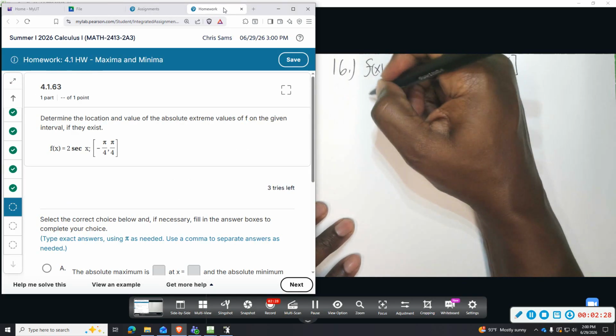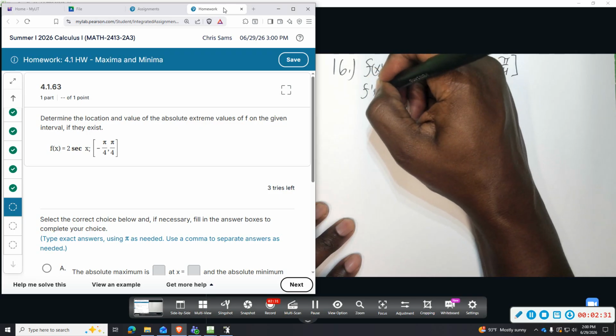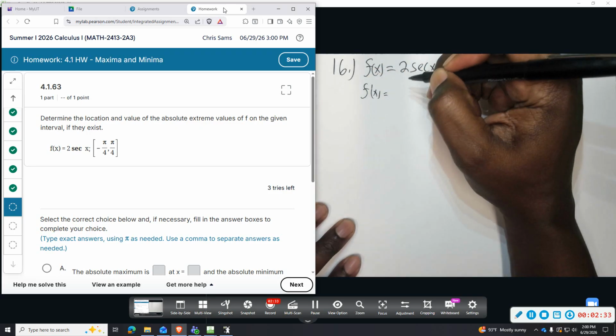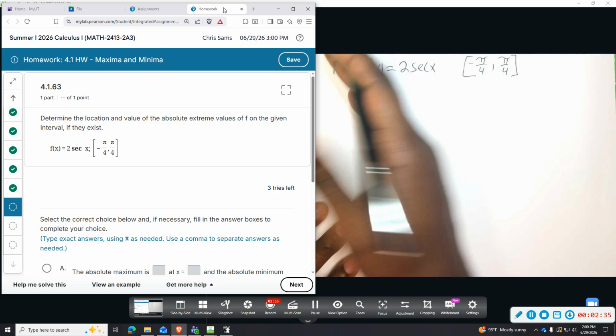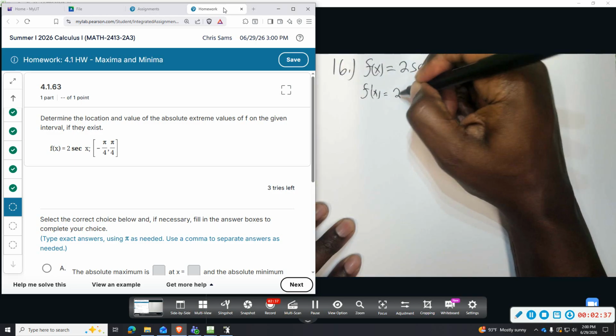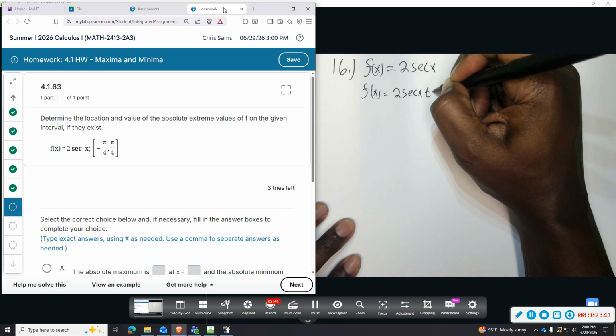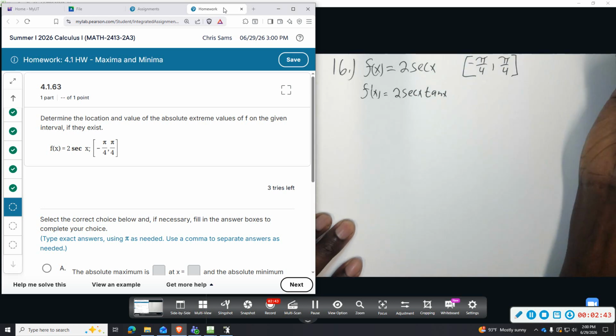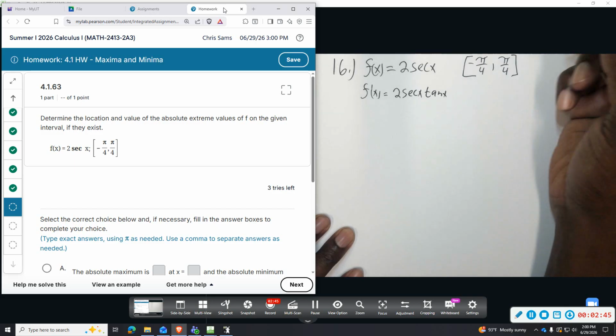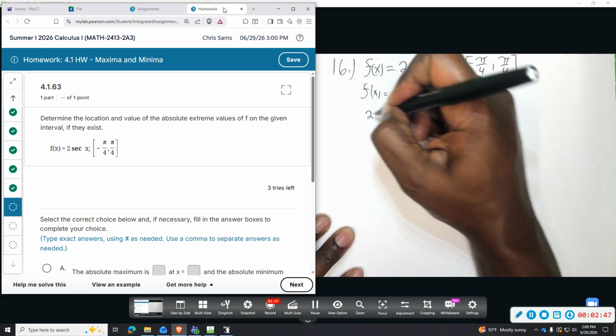All right, so when I do f prime, this coefficient can come out front when we do derivatives. So this is going to be 2 secant x tan x. So here's my derivative. We're going to set this equal to 0.